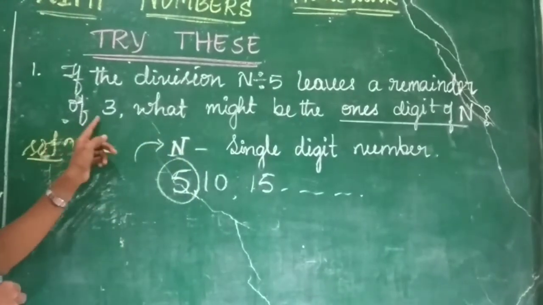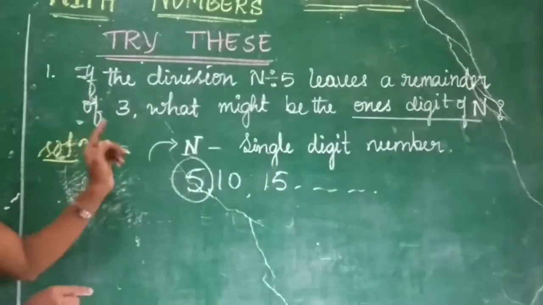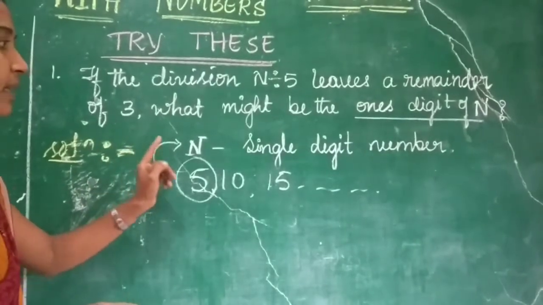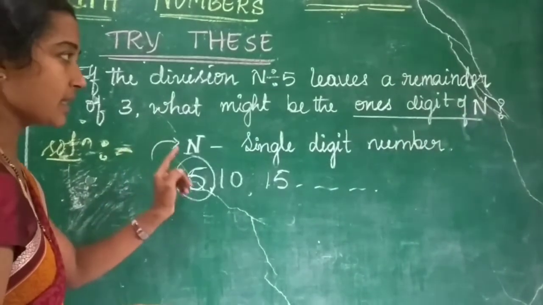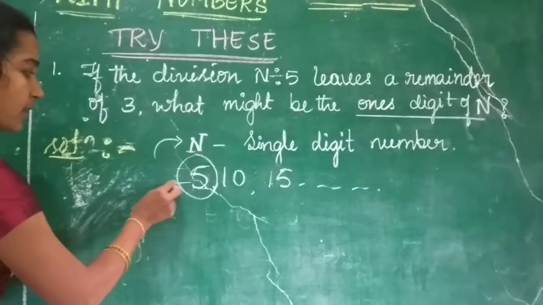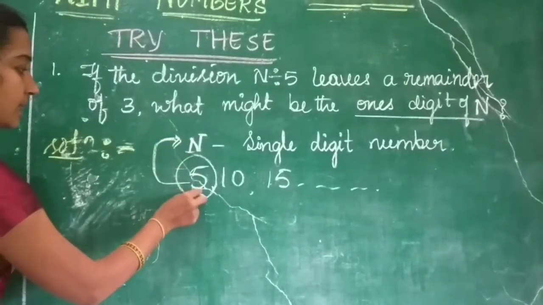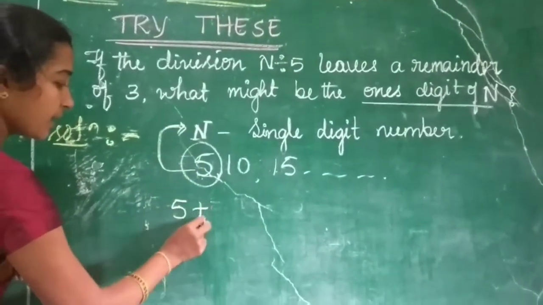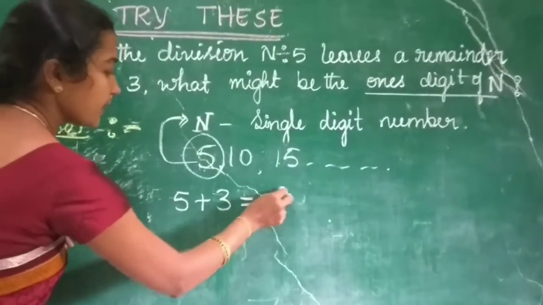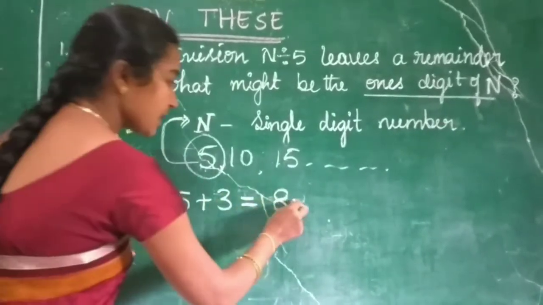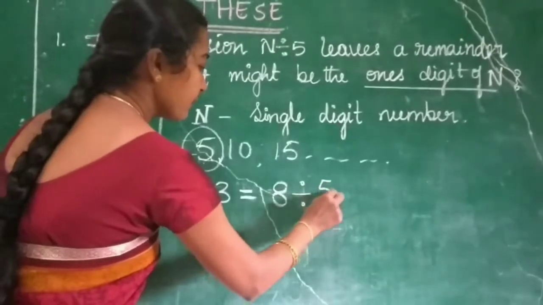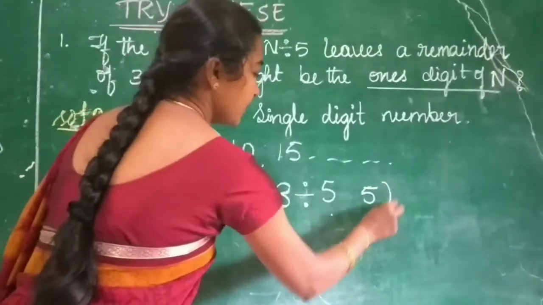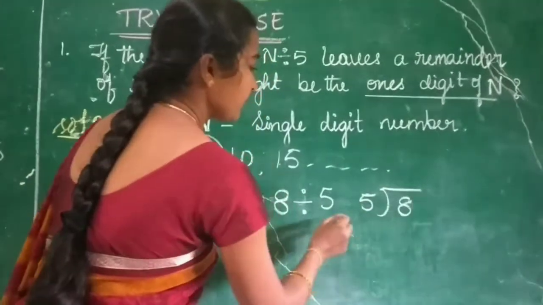Here in the problem it is already told that n is a number having only one digit. That's why here we have to take 5 as the number. 5 added with 3 gives the number 8. This 8 is divided by 5.